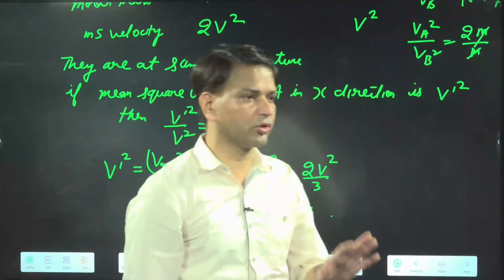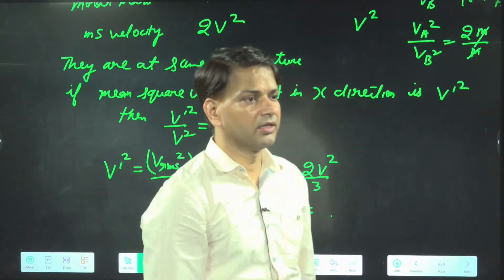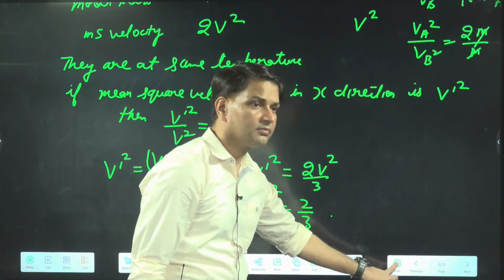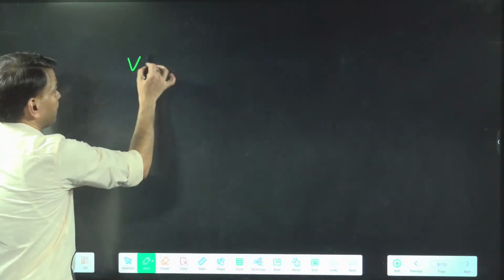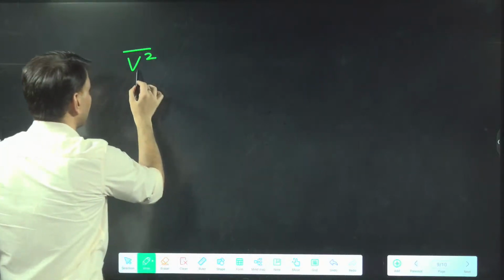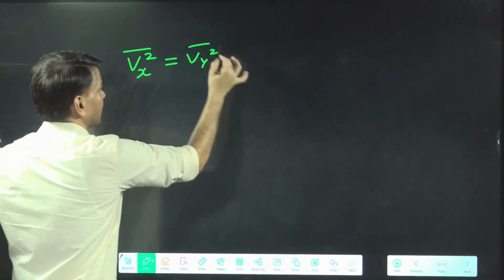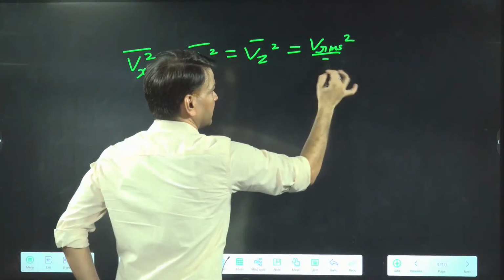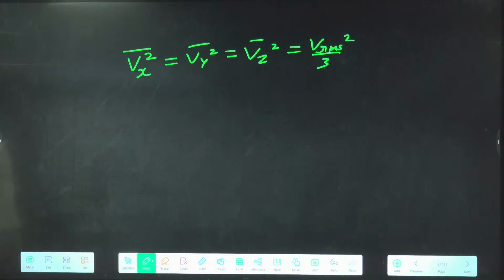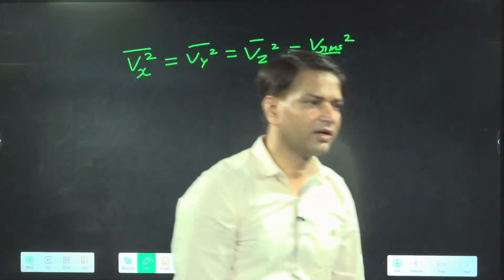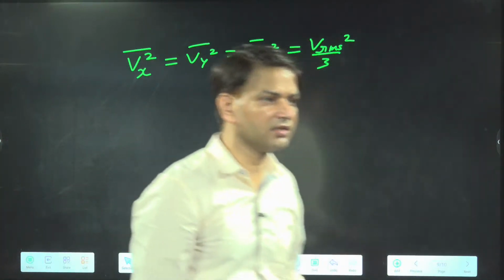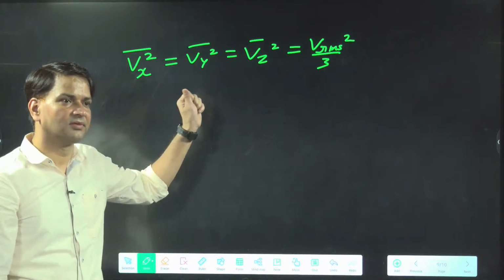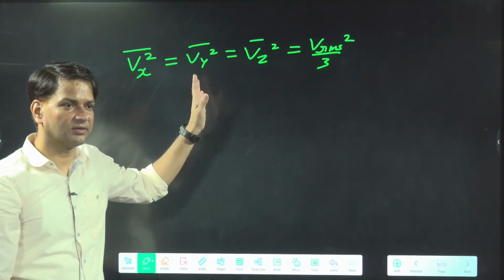You forget the derivation or you remember the derivation? First, in the derivation of the pressure formula, I said that Vx square bar is equal to Vy square bar is equal to Vz square bar is equal to Vrms square by 3. This step you remember or not? I used this in the derivation.